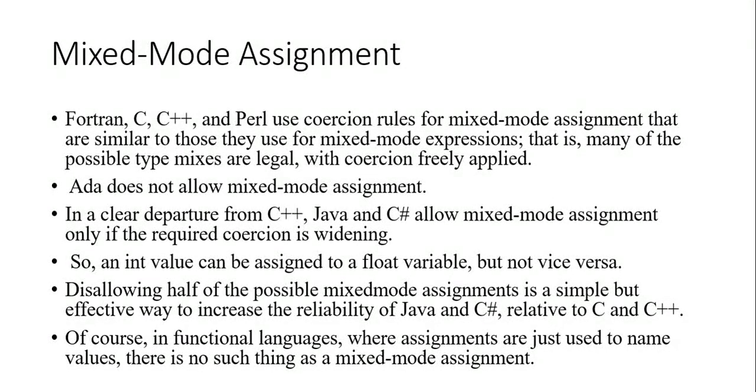So an int value can be assigned to a float variable, but not vice versa, because these languages allow mixed mode assignment only if the required coercion is widening. So from int to float, that is a widening, so that is allowed, but float to int is not allowed.